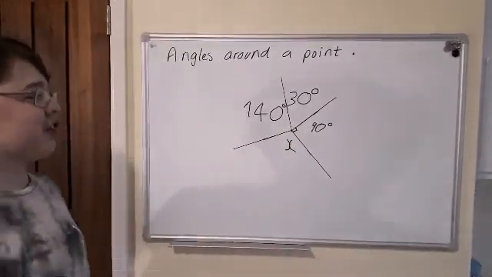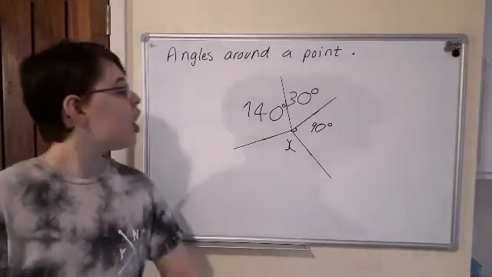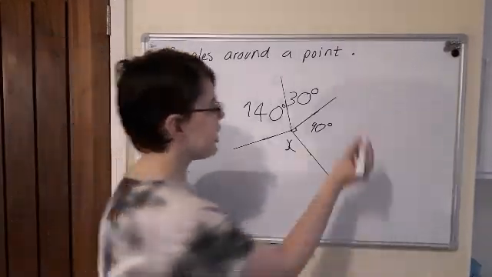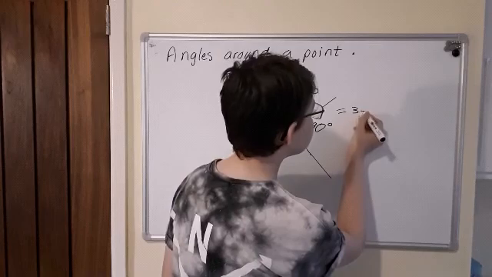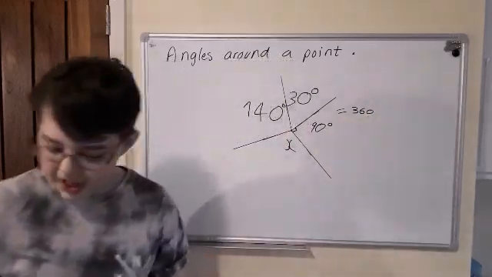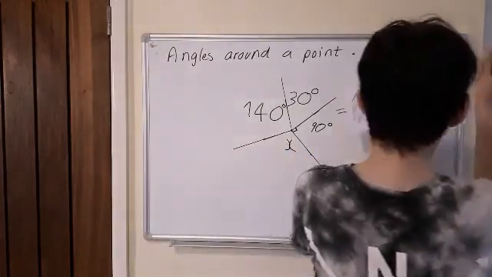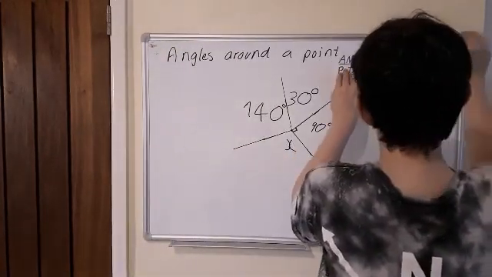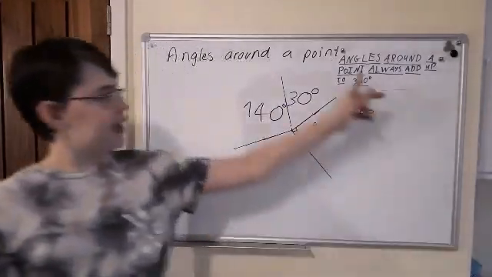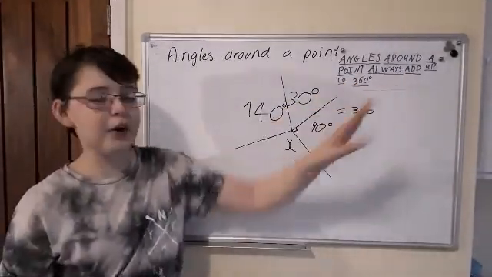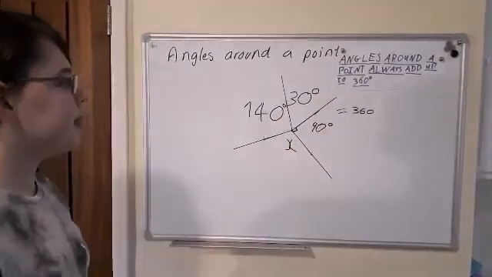That's the angle we're trying to figure out. So, all of these will add up to 360 because angles around a point always add up to 360. We're going to leave that up there so that you can see it and be reminded.